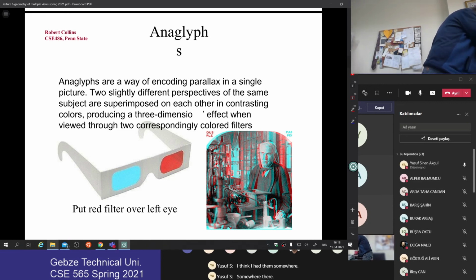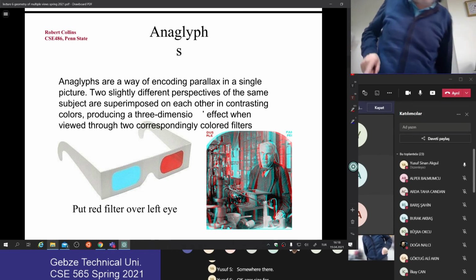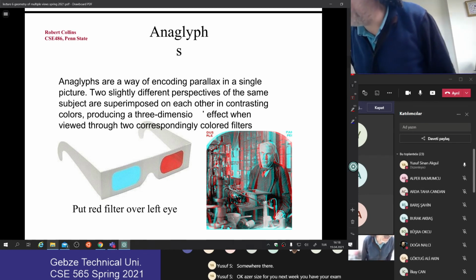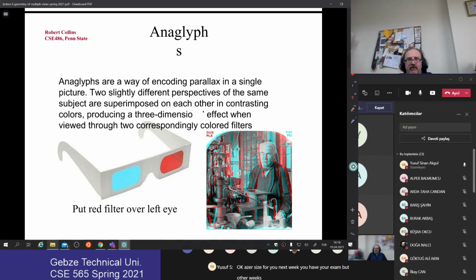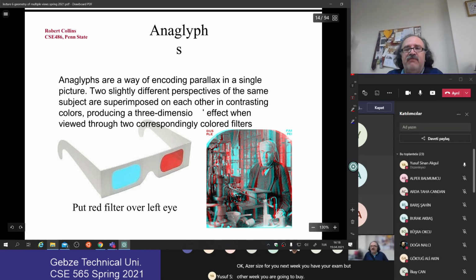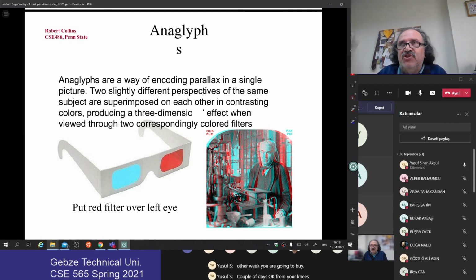Okay, exercise for you. Next week you have your exam, but the other week you are going to buy a couple of these from your nearest Japanese store, what do you call it, convenience store, and buy them, and we are going to look at some images. Even if you can't buy them, you can do it yourself.